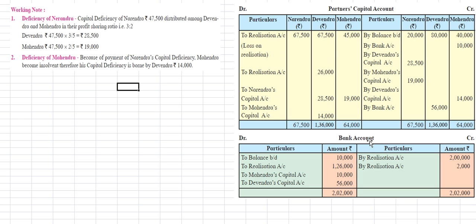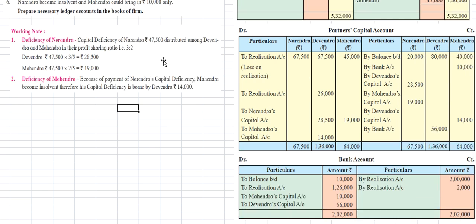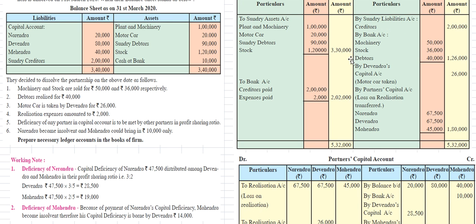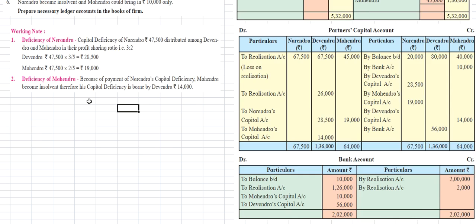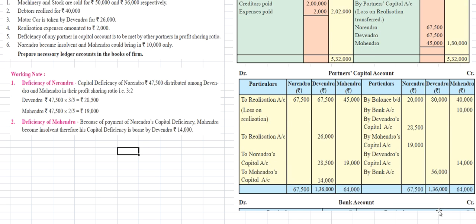So now we'll transfer the entries of the bank account. By balance brought down, that is 10,000 rupees which is paid by the Mahendra. And by realization account 2,000 rupees. Sundry liabilities by bank account realization, it is 2 lakh rupees. By realization account, the realization expenses amount 2,000 rupees is coming here.